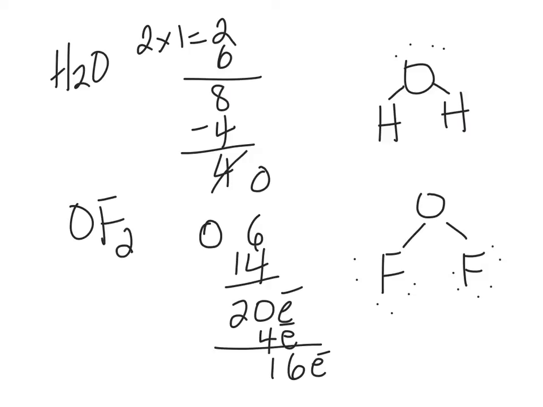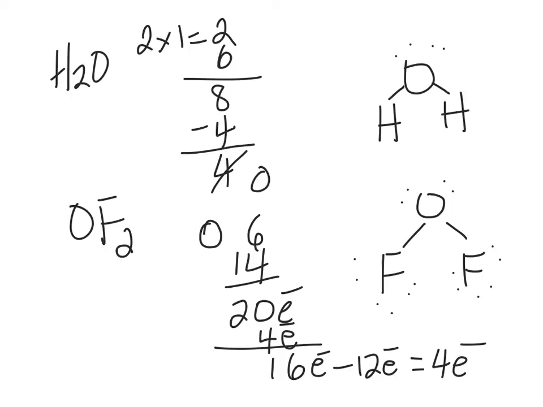Now, each fluorine is surrounded by 8 electrons. So 6 times 2 leaves us with 4 electrons. They're left over, put them on the central atom.